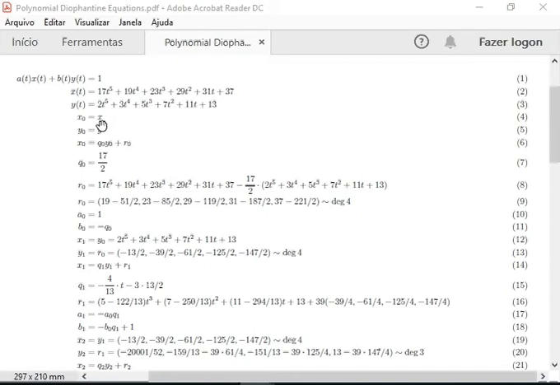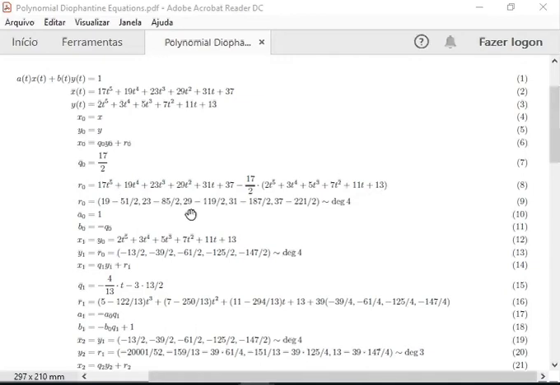x0 equals x, y0 equals y. The quotient is q0, the remainder is r0. Who is q0? Divide 17 by 2. Who is r0? Take x0 and subtract 17 over 2 times y of t.